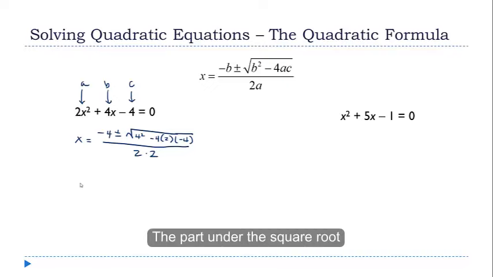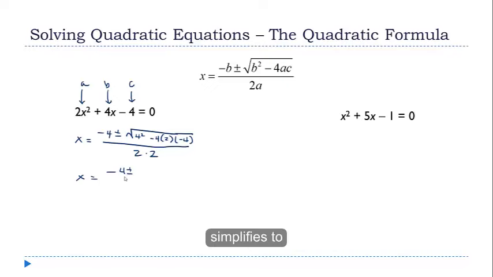The part under the square root simplifies to 16 plus 32, or just 48.